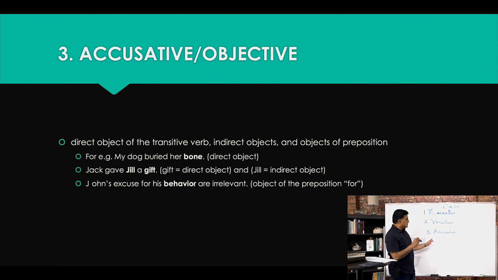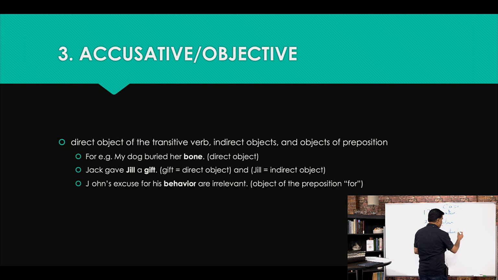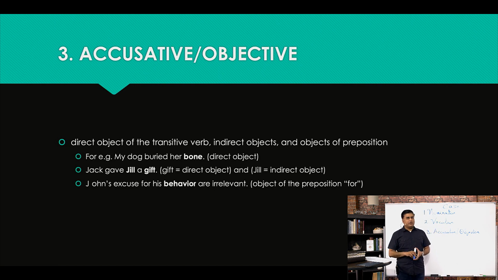If you were well versed in English grammar, this is typically called an objective case. But in Greek grammar studies, we usually don't say objective, we talk about the accusative. What is the accusative case? It is the direct object of the transitive verb or indirect objects and objects of preposition. But there's a little bit of qualification that I'm going to explain in just a moment.